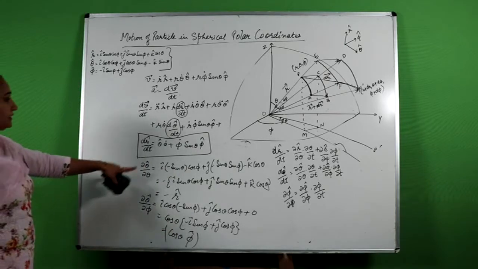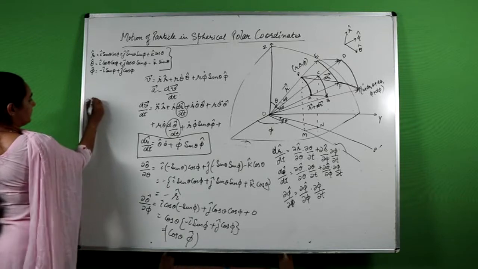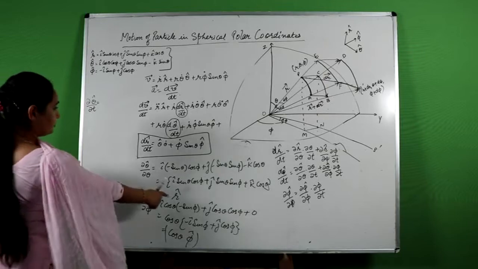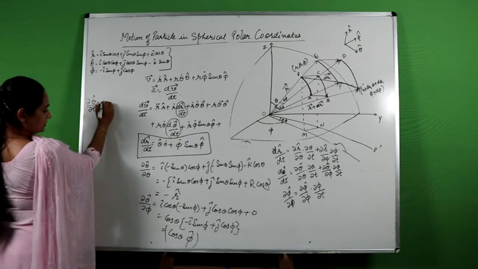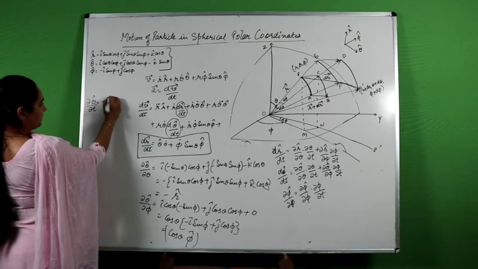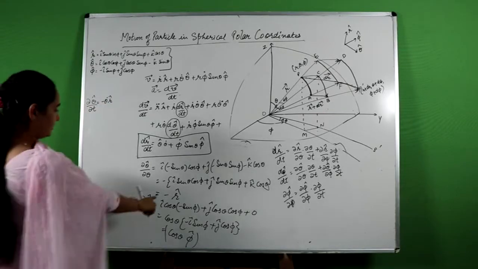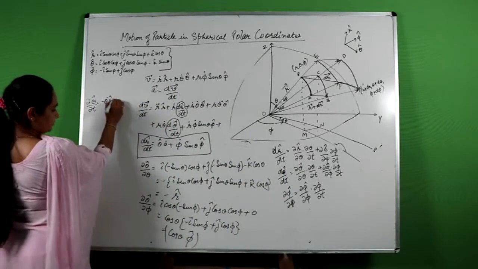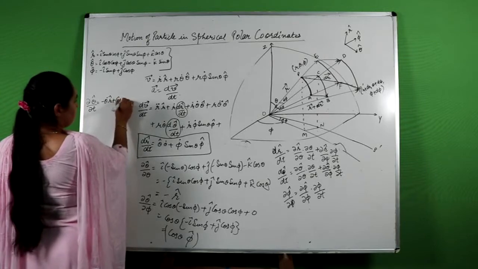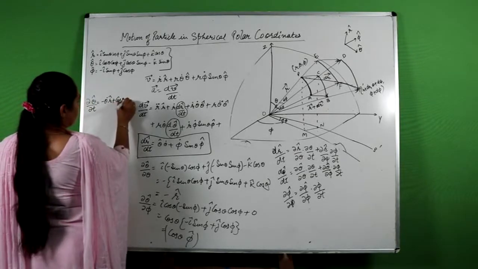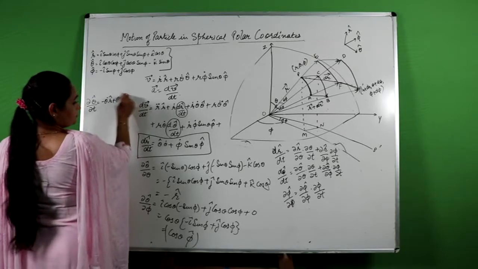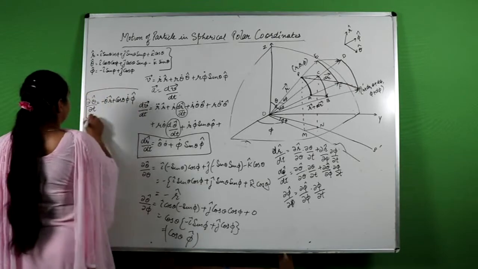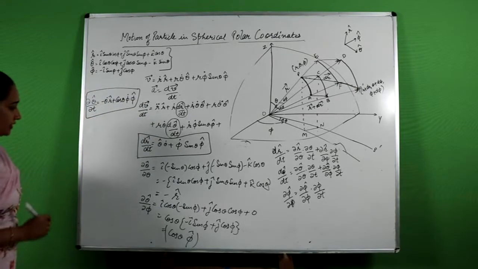Now I will get the value of ∂theta cap by ∂t. This will give me, put the value, minus theta dot r cap, plus cos theta phi dot phi cap. So this is my second value.